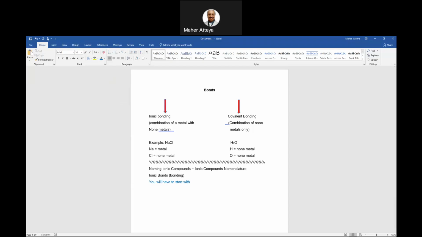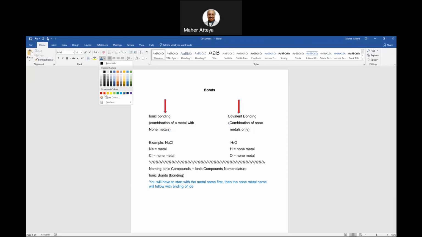Then the nonmetal name will follow with an ending of IDE.